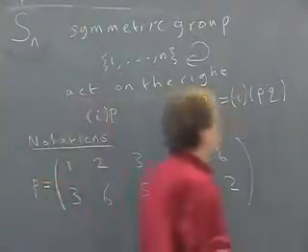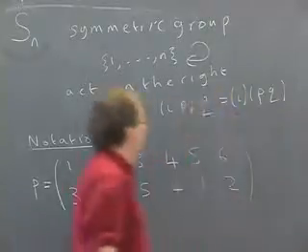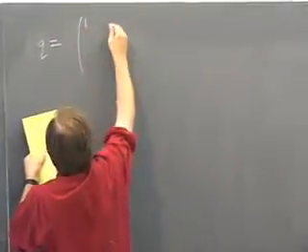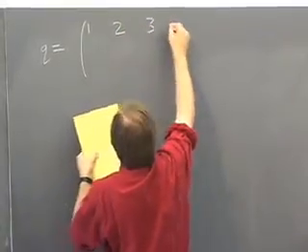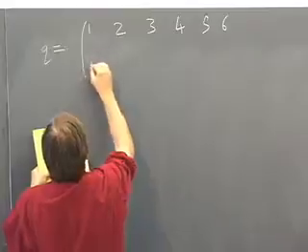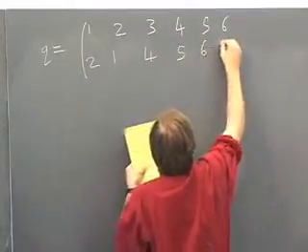Just to review how this works, let me have a second permutation Q, which will be 1, 2, 3, 4, 5, 6 on top, and 2, 1, 4, 5, 6, 3 underneath.